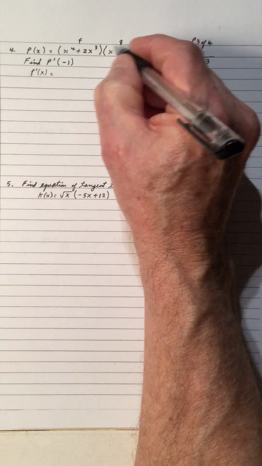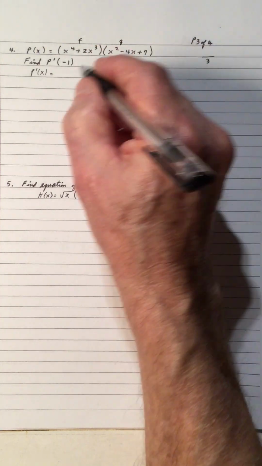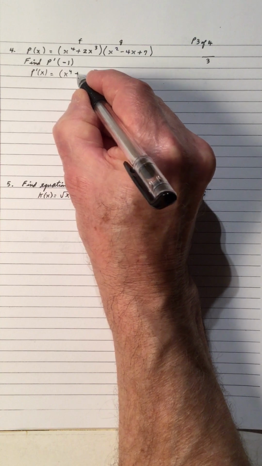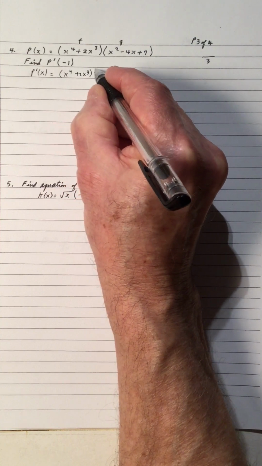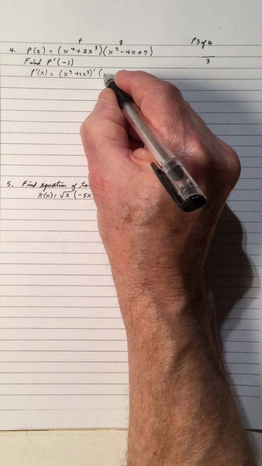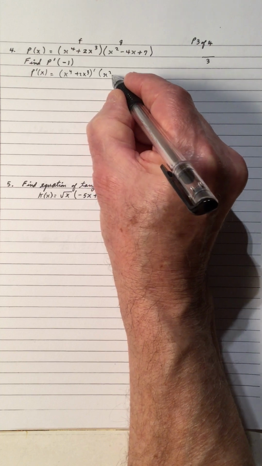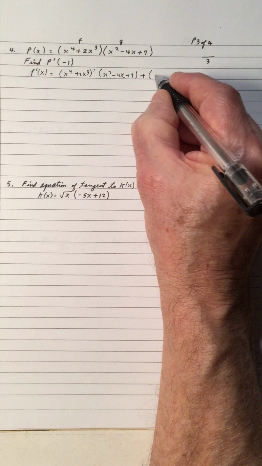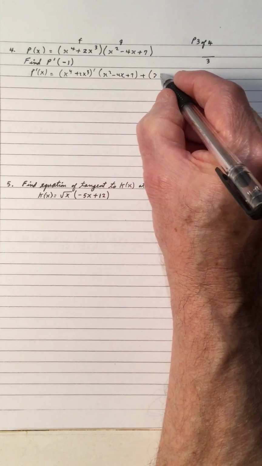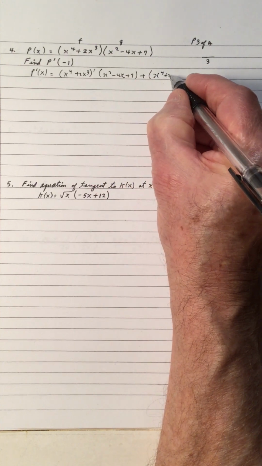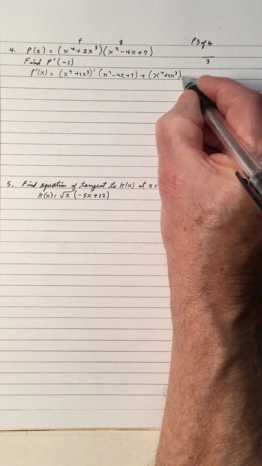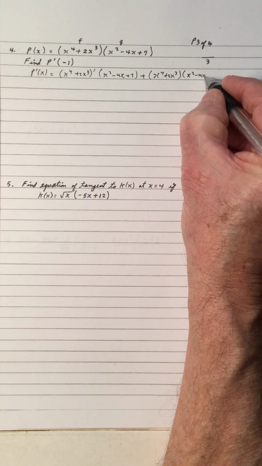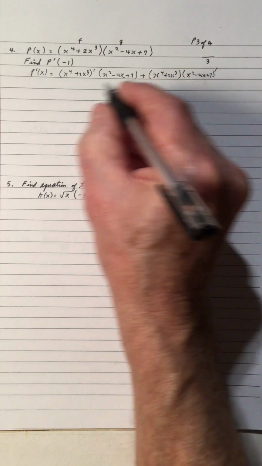But if you do the derivative here without multiplying it out, so the derivative of f is x to the 4th plus 2x cubed. That's the derivative of f times the g is x squared minus 4x plus 7. Add on, and it's f, which is x to the 4th plus 2x cubed, and it's x squared minus 4x plus 7 derivative.